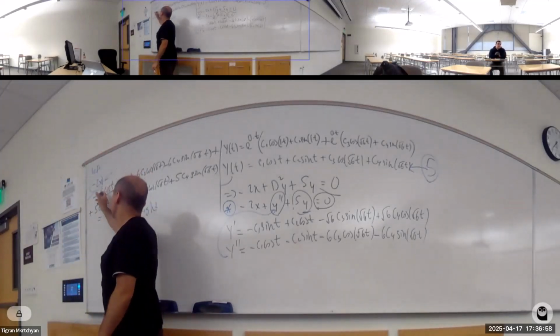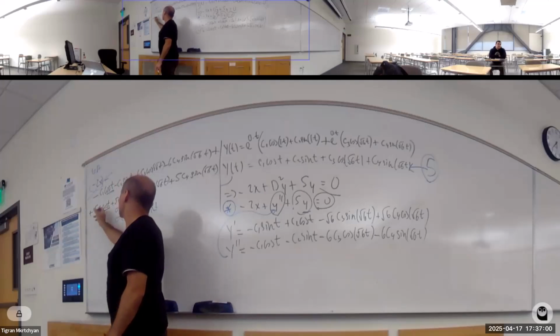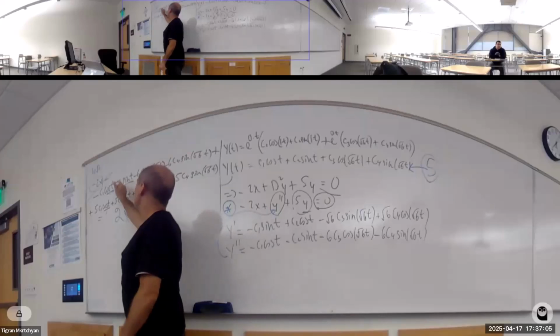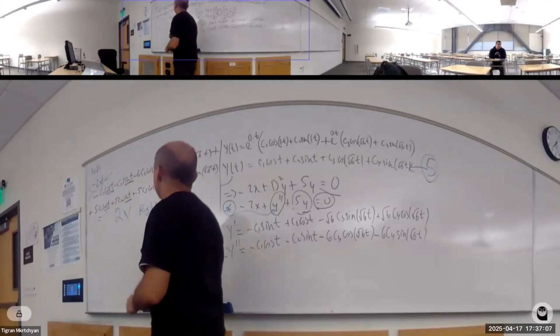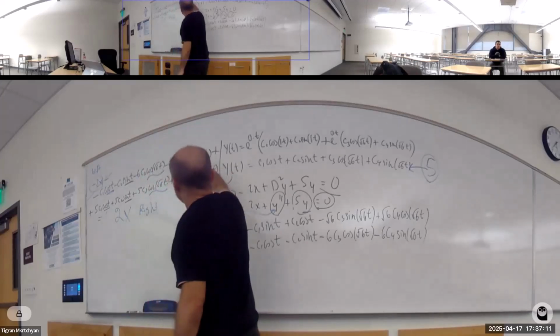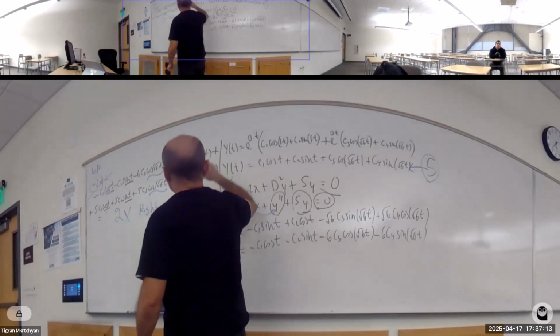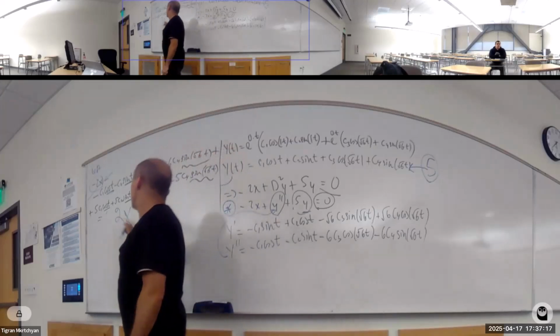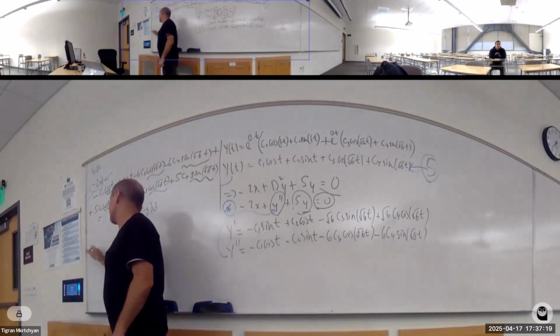So let's see. We have cosine t here, some number, cosine t some number. We have sine t some number, sine t some number. We have cosine radical 6t's, and then we have sine radical 6t's. So let me write 2x equals.